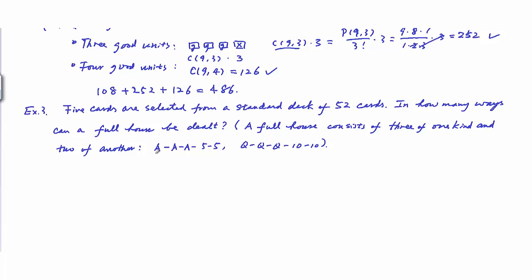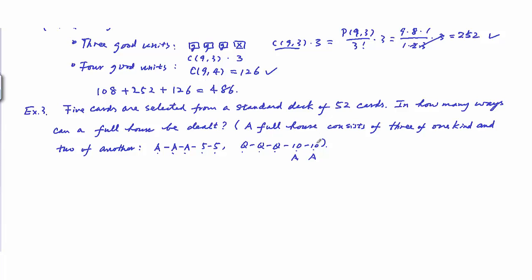Like if you have ace, ace, ace, that's three of one kind, and then you have 5, 5, that's two of another kind. Another example would be queen, queen, queen, and then another pair like 10, 10, or you can choose any other pair, like ace is also good, so that would be another full house.